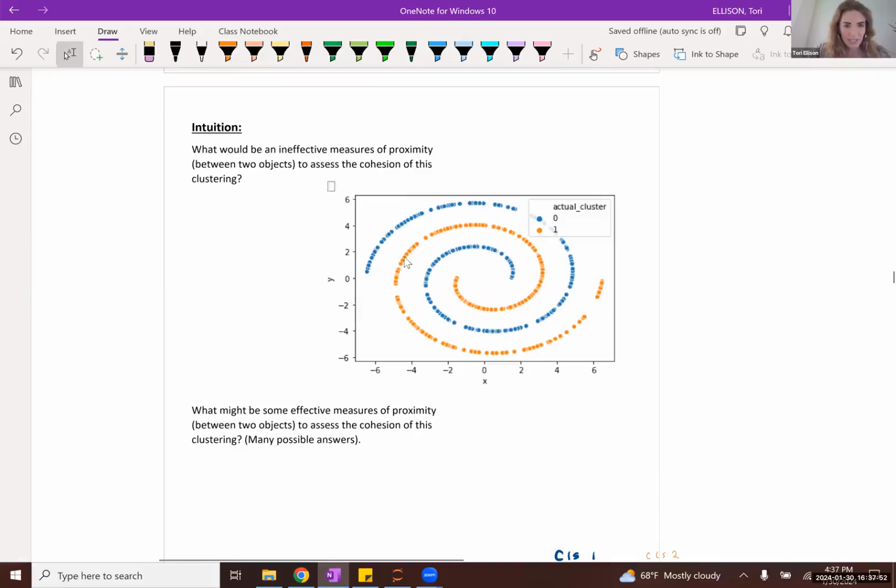So for instance, we've seen this data set, we've seen these two clusters multiple times. So what do we think would be an ineffective measure of proximity between two objects to assess the cohesion of this clustering?